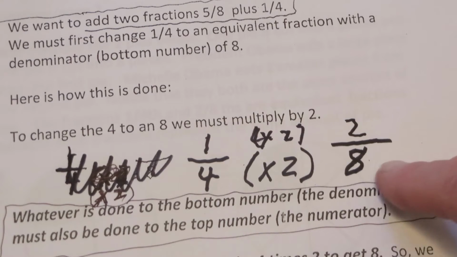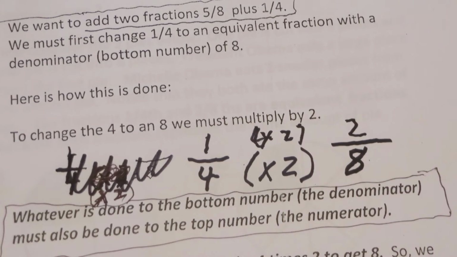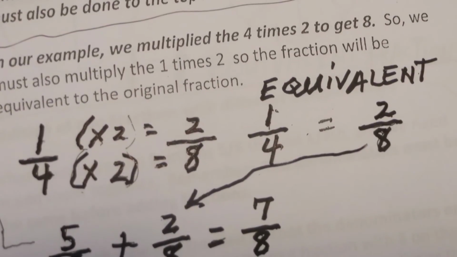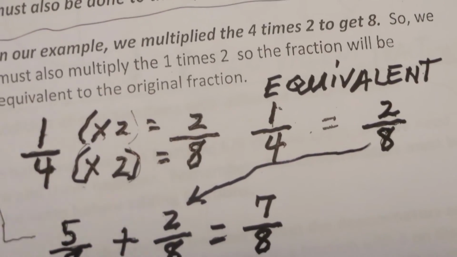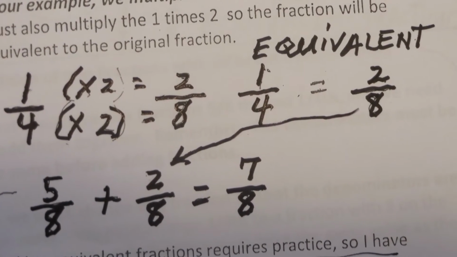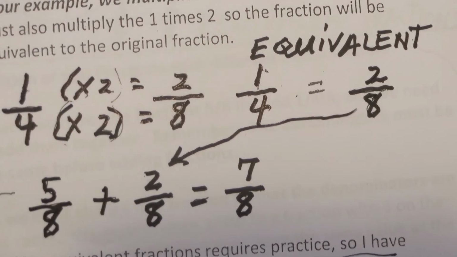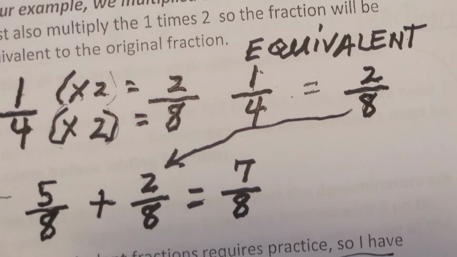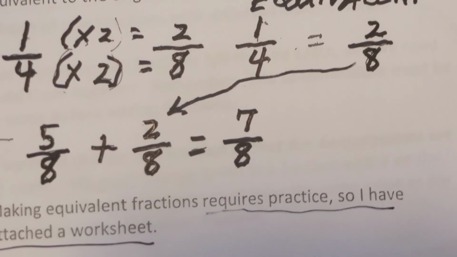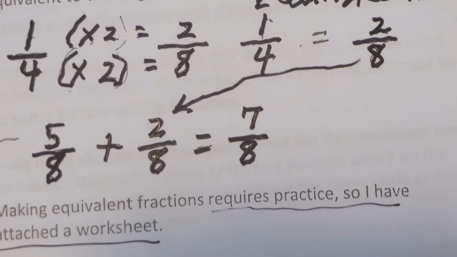Our goal was to create an equivalent fraction with an 8 on the bottom. Now we can finish the addition problem as shown here on the bottom. Our original problem was 5/8 plus 1/4. We've changed the 1/4 to 2/8.